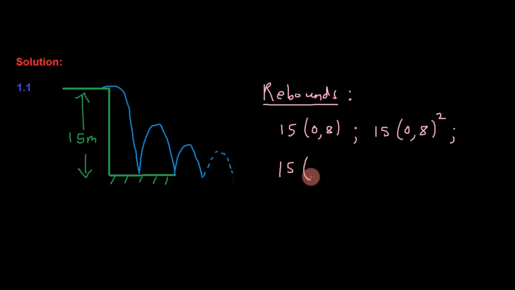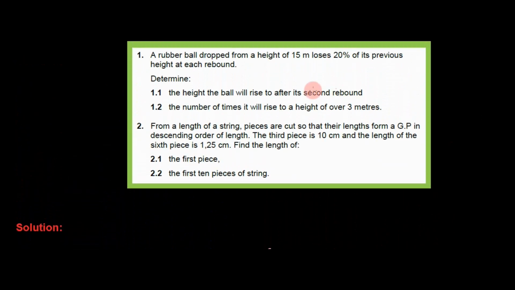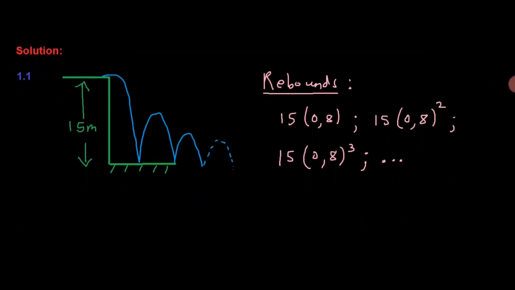So 15 times 0.8 cubed, etc. Now, the question says, find the height that the ball will rise to after its second rebound. In other words, on its third rebound, which is this value here.